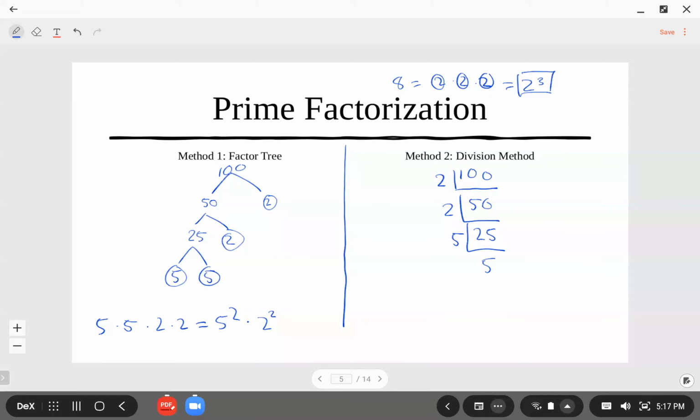So you get these 4 prime numbers, and you can simplify to 5 squared times 2 squared, right? Okay, so there you have it. Another method of solving prime factorization.